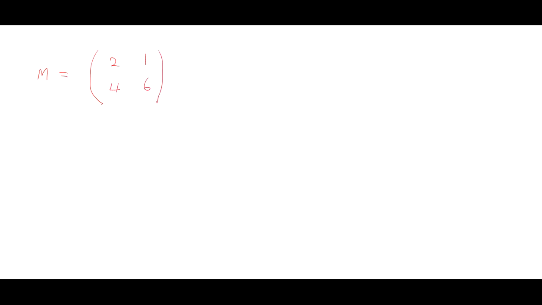Now this is a matrix, and let's draw another matrix. Let's call it A, and let's say 2, 1, 4, 3, 2, 1, 0, 6, 4. This is also a matrix.